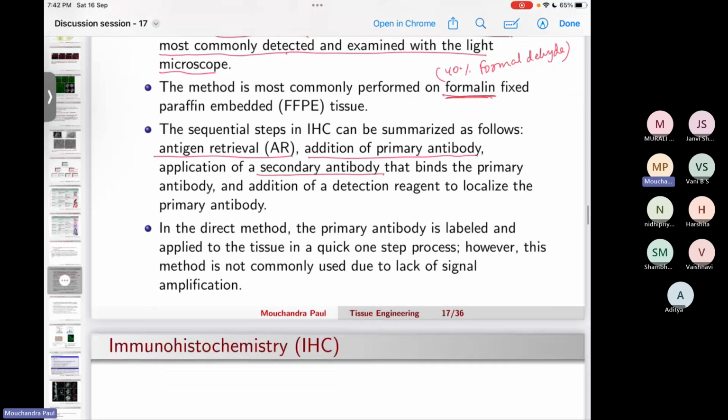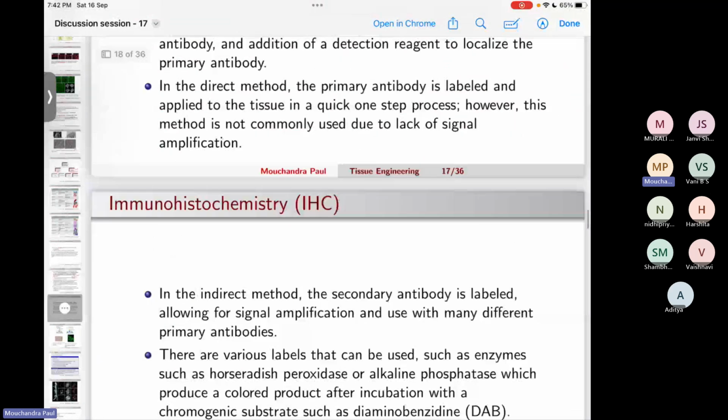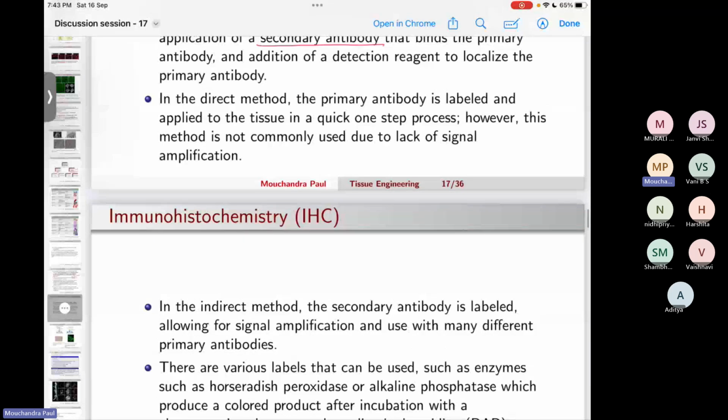Now, as I said, you can either directly use the primary antibodies, where the primary antibody is conjugated with some enzyme or fluorescent dye, but the main disadvantage is the signal is very less. Signal means the amount of color product or the amount of fluorescence that is coming out. If that is less, you won't be able to see it under the microscope very clearly.